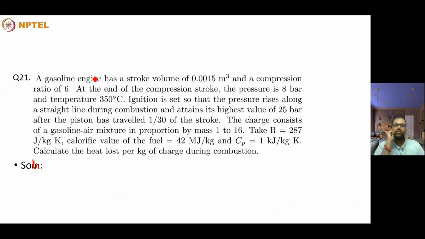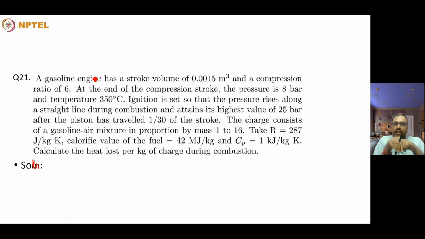The problem says that the pressure rises along a straight line during combustion and attains its high value of 25 bar after the piston has traveled 1 by 30 of the stroke.